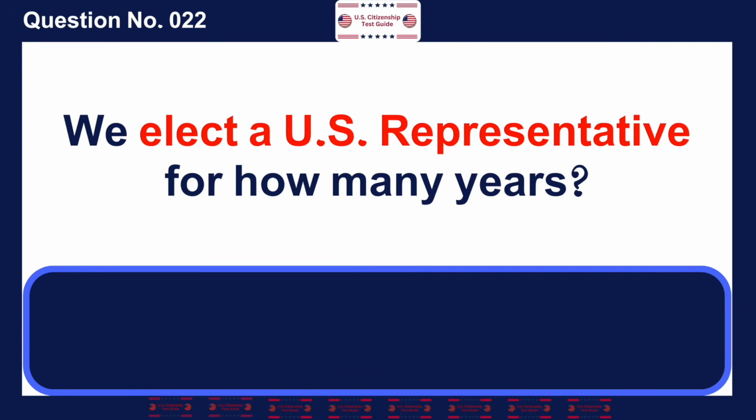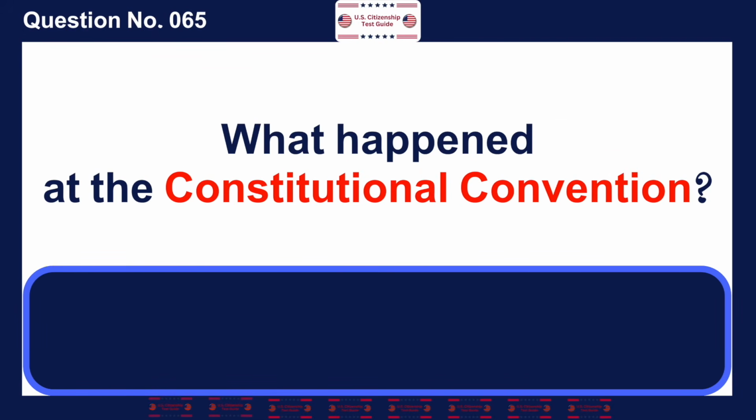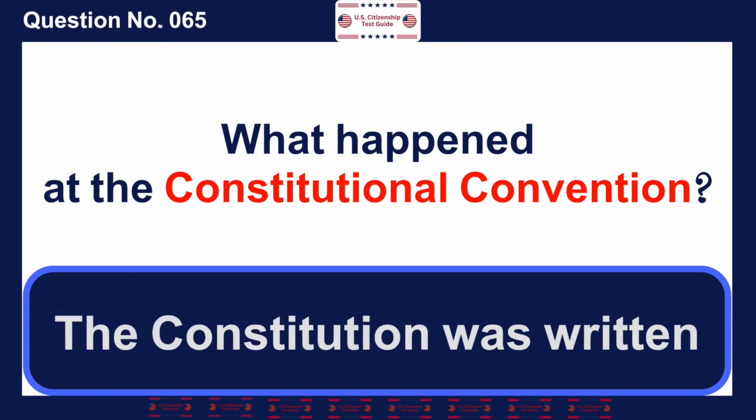We elect a U.S. representative for how many years? 2. What happened at the Constitutional Convention? The Constitution was written.